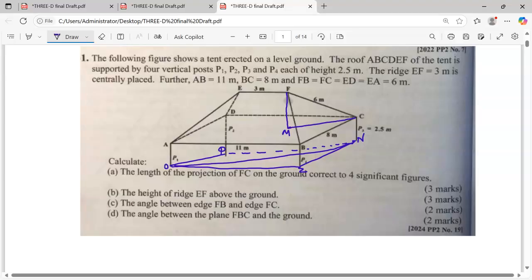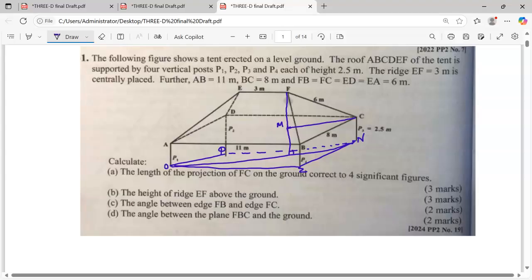Having done that, we can as well extend this line from M to go and drop at this point here, such that we have 90 degrees at this point.